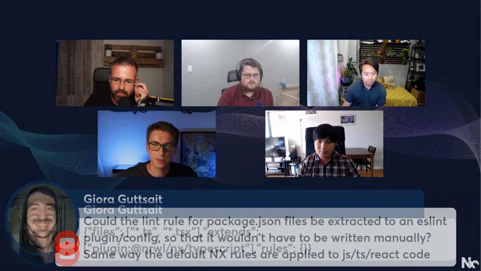We don't necessarily want to run this for applications because it doesn't really make sense. We want to have it for libraries, but we want to leave the user the possibility to switch it on and off depending on which projects they want. So if we would have it in the root, it would be tricky. You would have to switch it off. It's rather easier to just turn it on for the projects that you want.